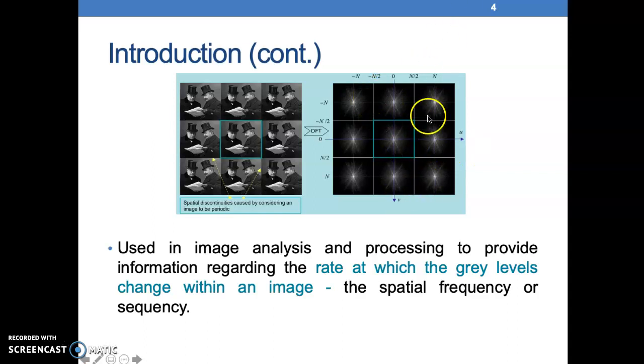With this frequency domain, you can do all that you have done before: enhancement, noise reduction, restoration, or compression. The difference is only the technique that they use and the input.